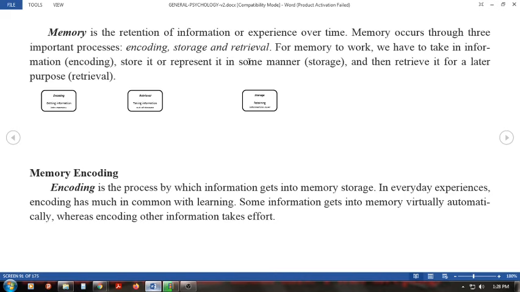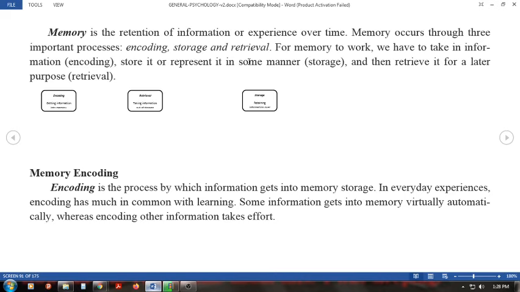So what happens is that kay interested man ka, the information is easily encoded into the storage part. Whereas if dili ka interested sa uban butang, such as psychology, you would be asking, nganong kinahanglan ko mag-take og psych nga social work man ko, right? Why do I have to learn all of these things?